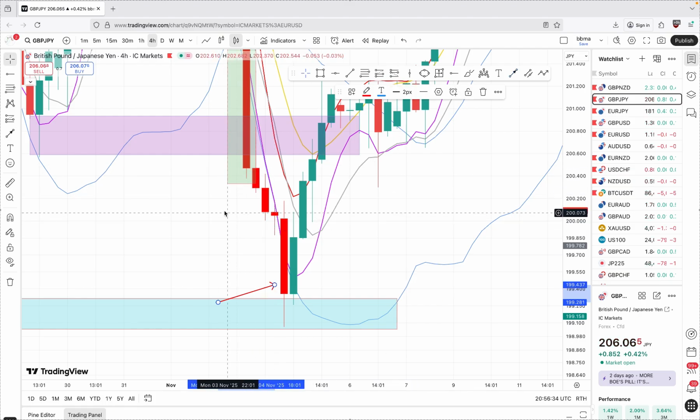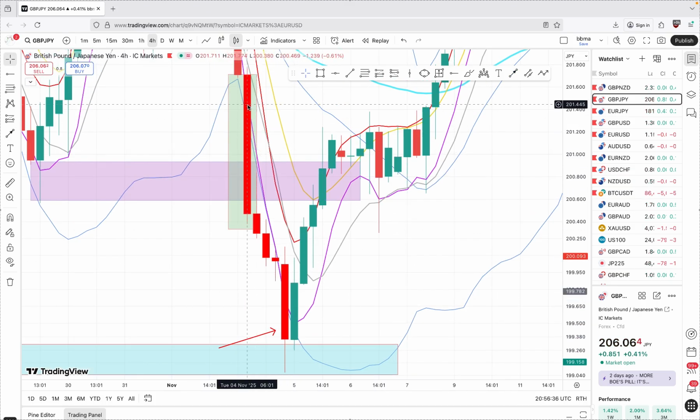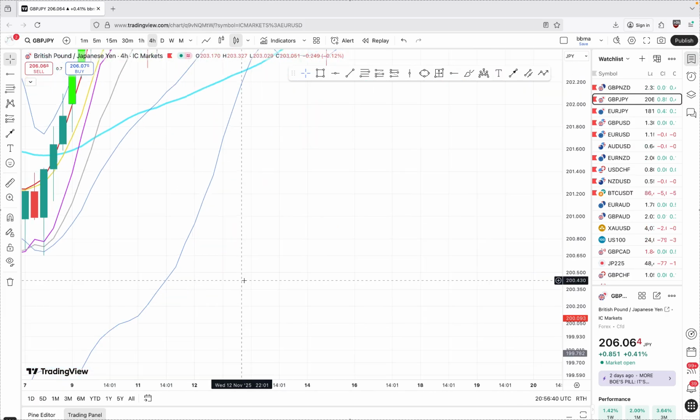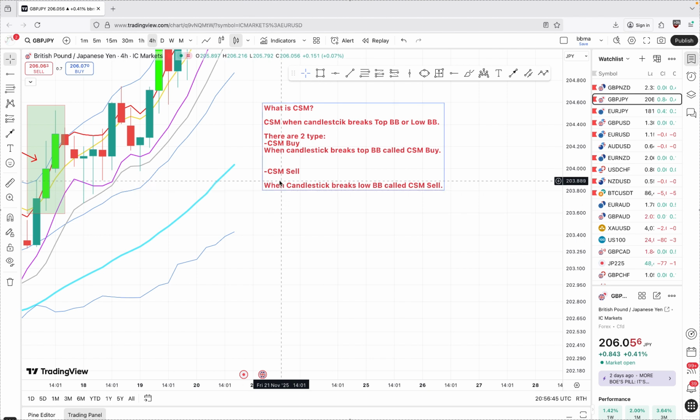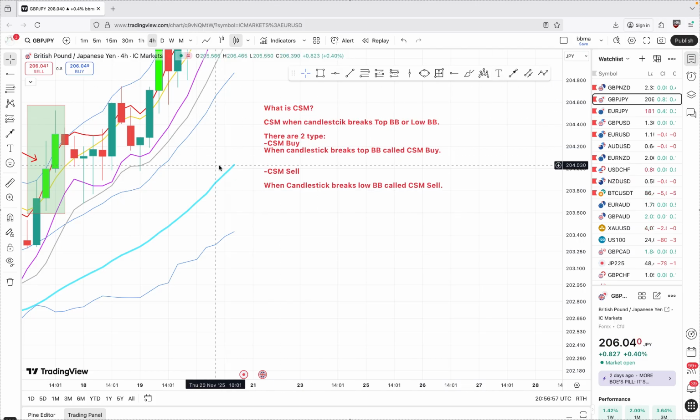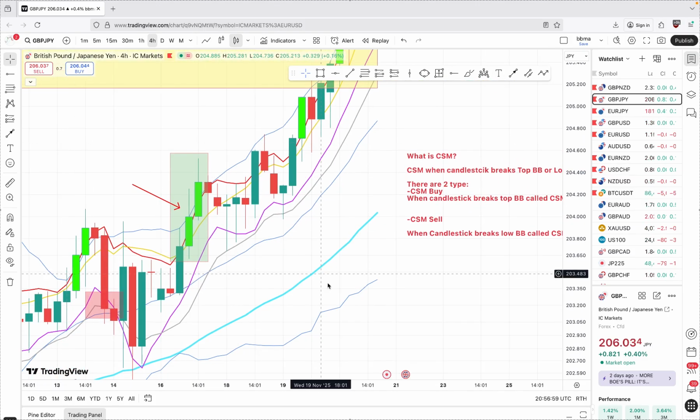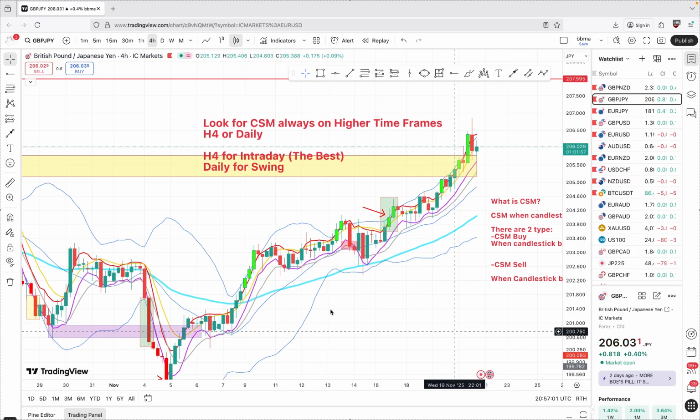When a candlestick breaks low BB, this is what we call CSM sell. And I'm again telling you, always look for CSM on higher time frames, which is H4 or daily. Where we look for CSM, that time frame we always call TF1. Okay, keep in mind.